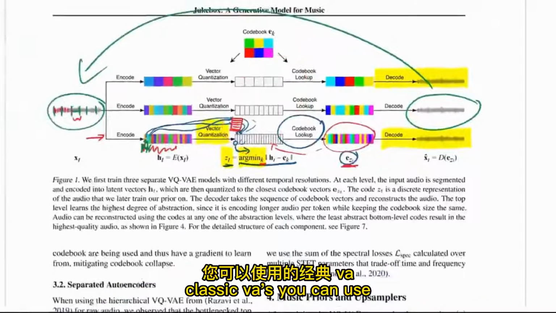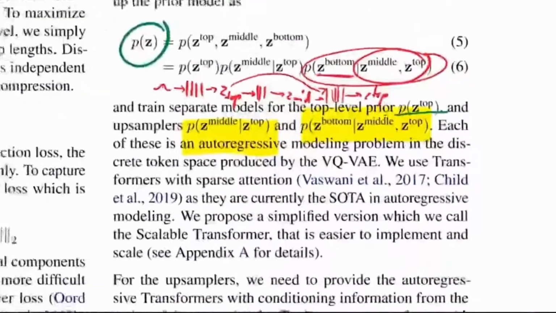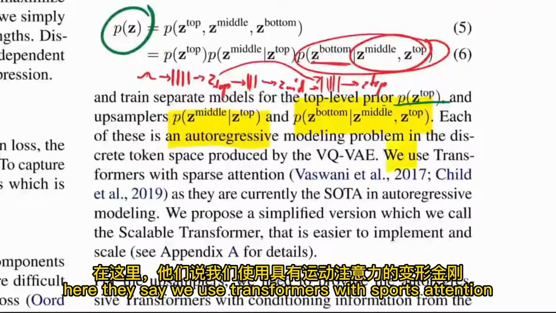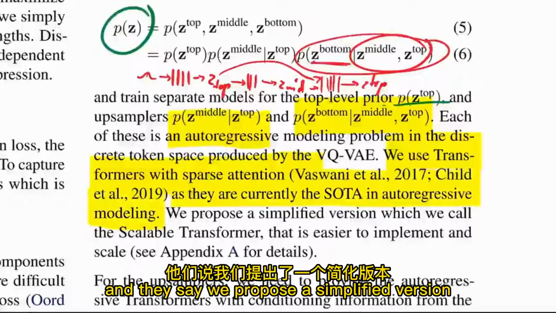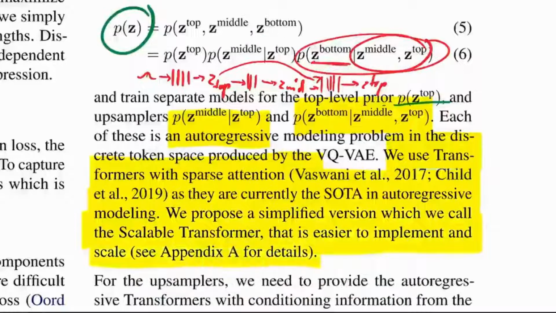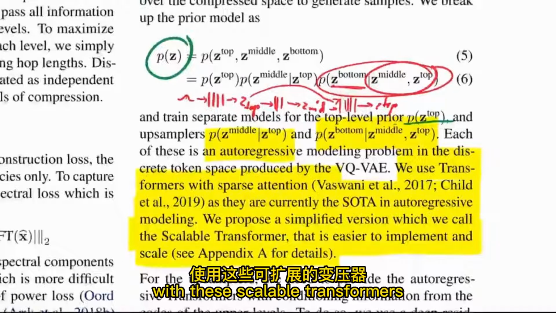You can use classic VAEs, you can use, here they say, we use transformers with sparse attention, as they're currently state-of-the-art in autoregressive modeling. And they say we propose a simplified version, which we call the scalable transformer, that is easier to implement and scale, right? So they model this distribution with these scalable transformers.